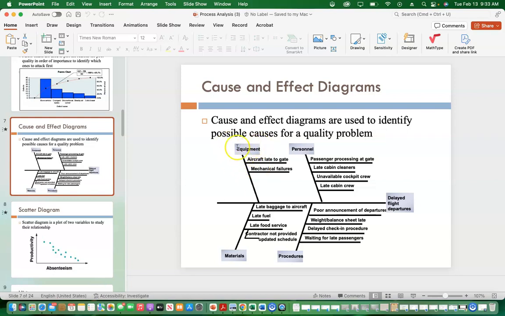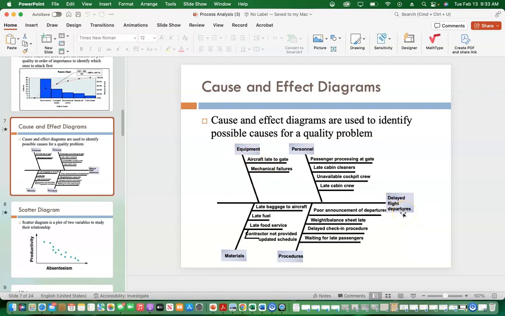Now, to deal with this equipment problem, these issues can be solved one after another. For instance, the aircraft late to gate may be resolved, and then mechanical failures will follow. And in that case, you can see at least issues on the equipment are addressed, and they will reduce the problem.